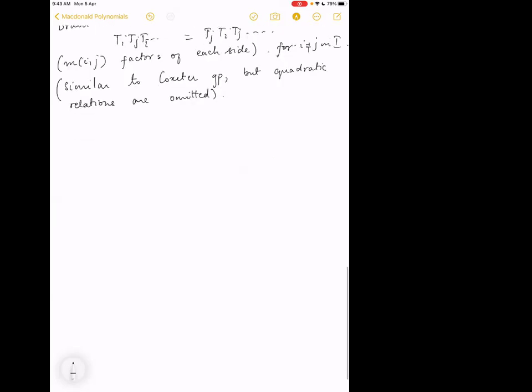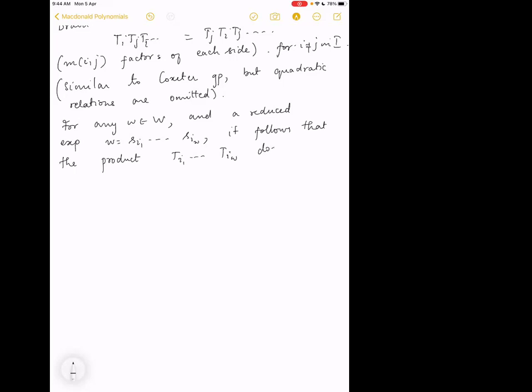Again, for any w in W and a reduced expression w as s_i1 through s_iw, it follows that the product T_i1 through T_iw does not depend on the choice of the reduced expression, because the braid relations will take care of that.